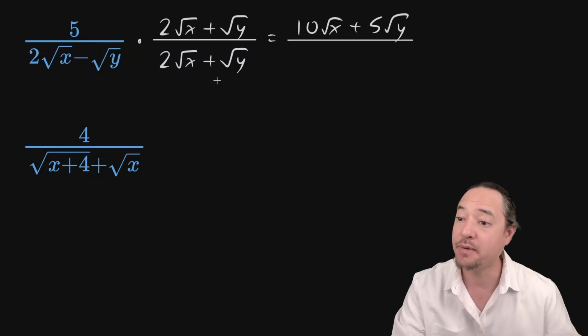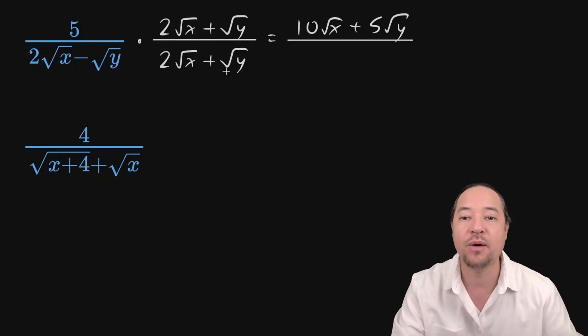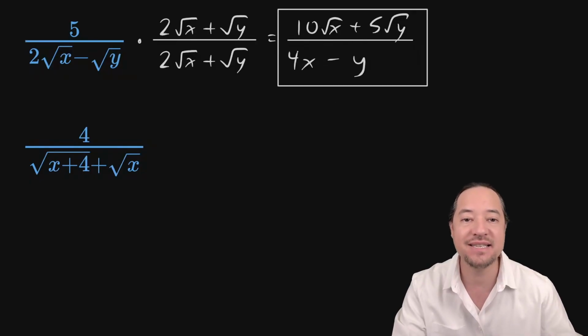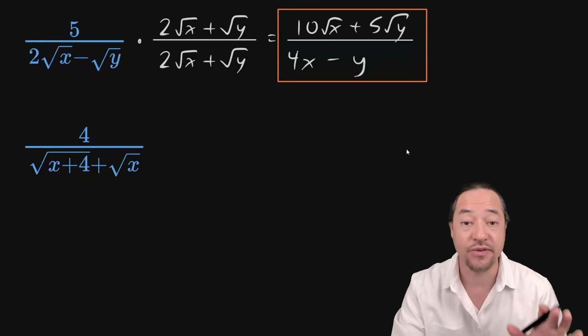And now in the denominator, we get 2 root x quantity squared. So that winds up being 4x minus root y squared, which is just y. Just like that. Okay, so this is what we have here. That's going to be the rationalized version where we've rationalized the denominator.